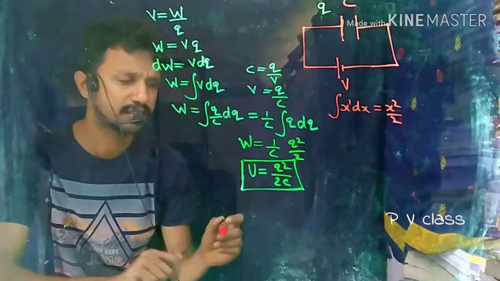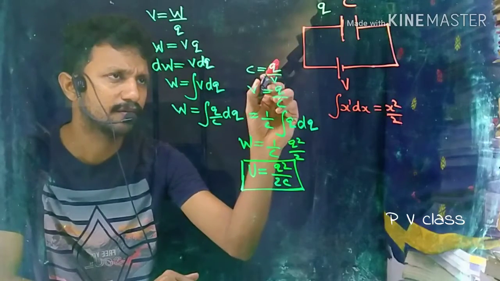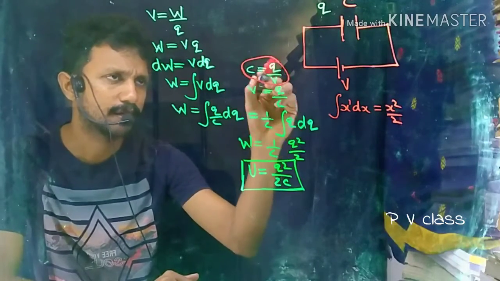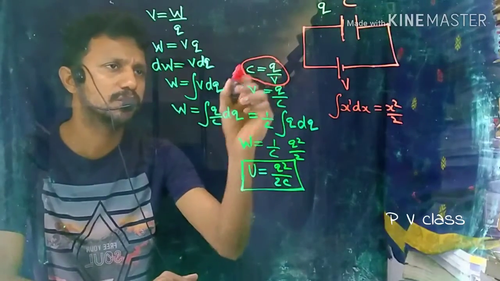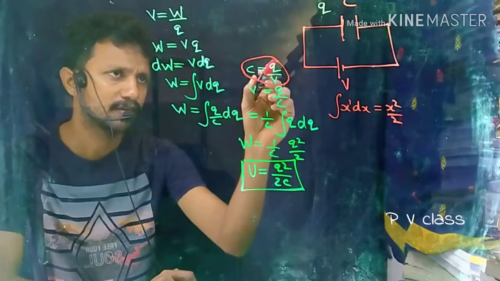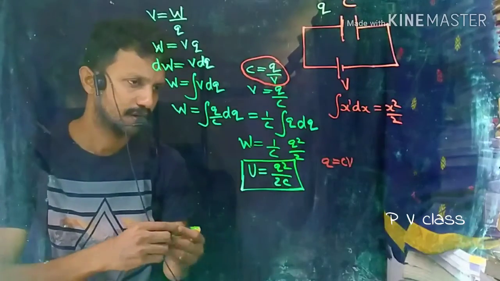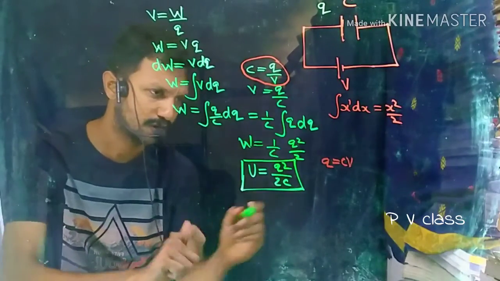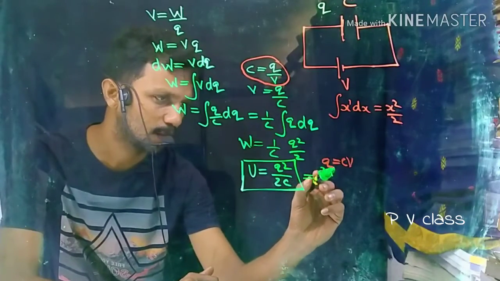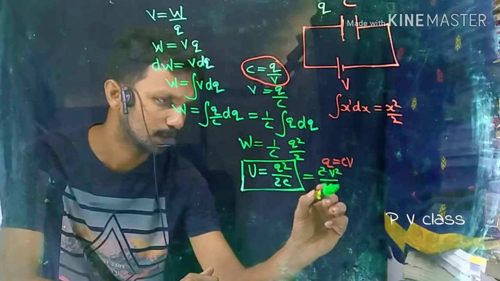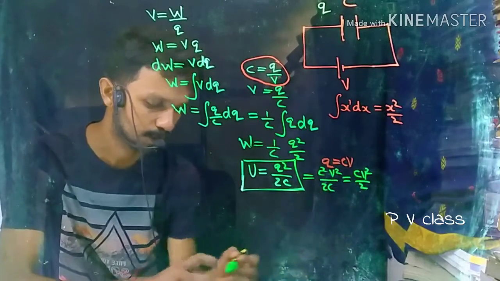We could transform this expression by using the basic expression of capacitance, C is equal to Q by V. Therefore, I could write Q is equal to CV. If we substitute it over here, this equation can be rearranged as C square V square by 2C, that is CV square by 2.